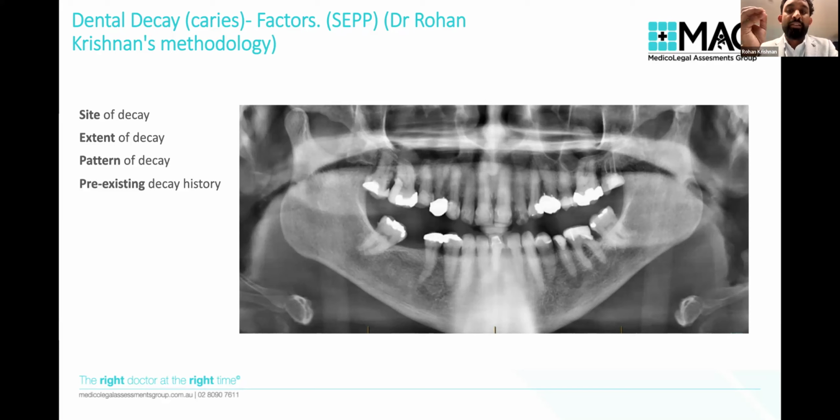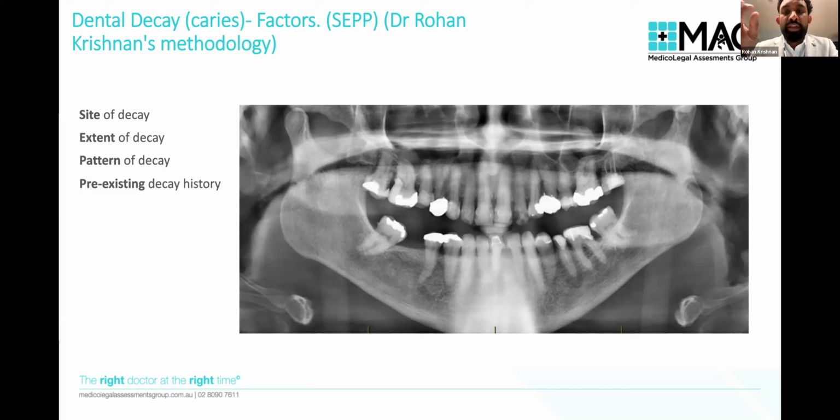So if we see decay patterns in and around the area of salivary gland openings, we know there's a salivary gland factor. And if the salivary gland factor is related to a compensable injury, then we know there's a compensable dental decay or breakdown that goes with the original injury.